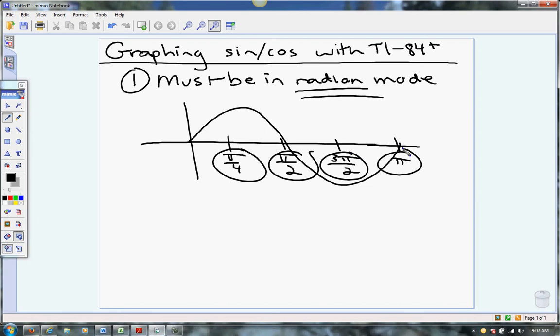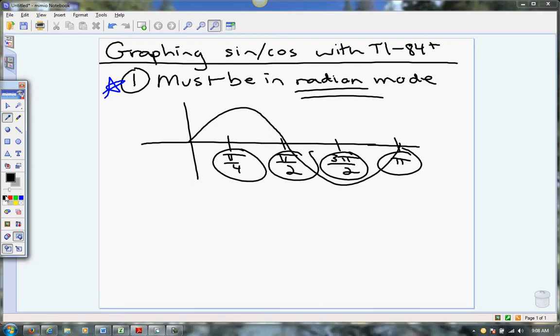All of my x-coordinates for the sine and cosine graphs, and, well, all of them. We're going to find out for tangent and secant and cosecant and all of them. All of my x-coordinates are radian values. So you must be in radian mode or it will not do it correctly. This right here is critical.